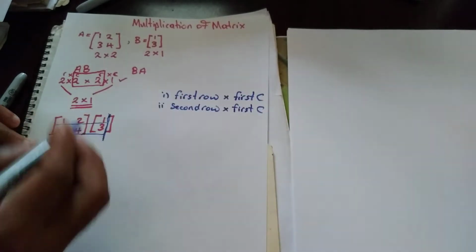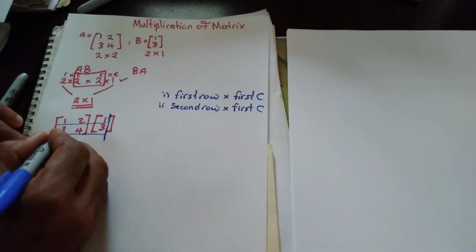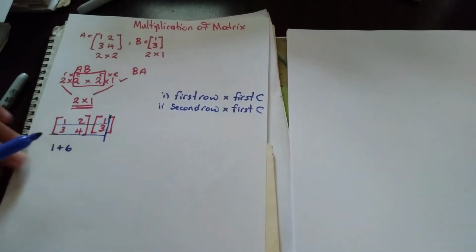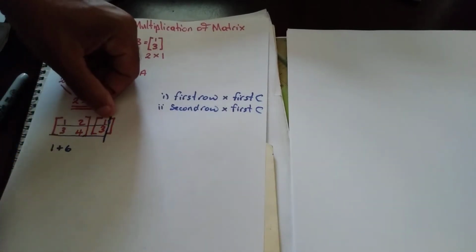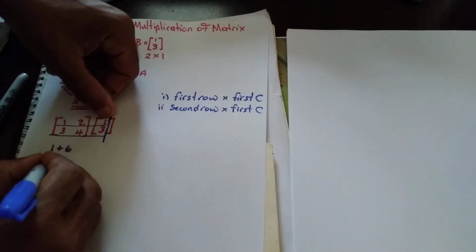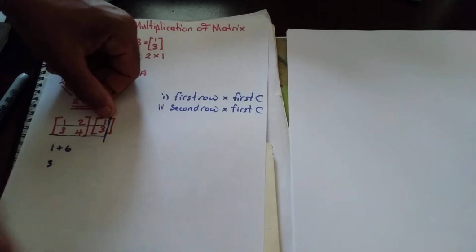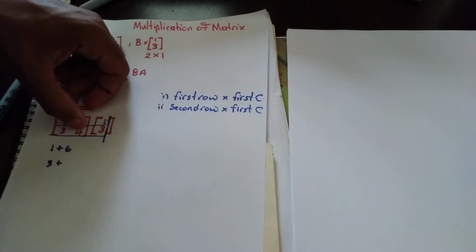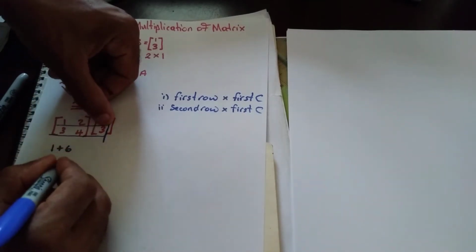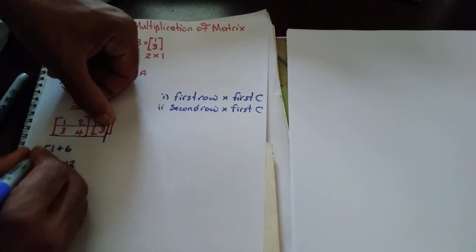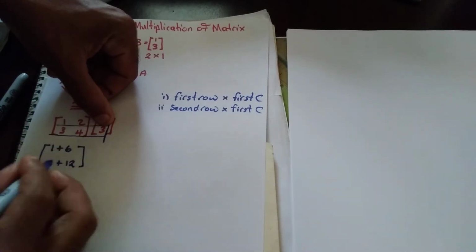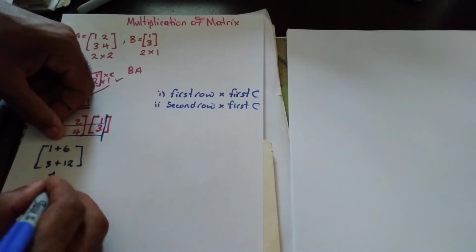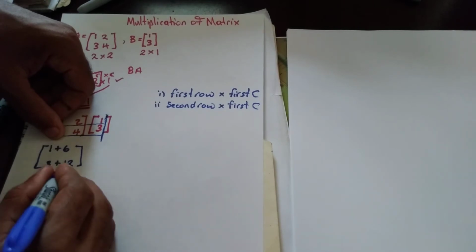I'm just going to put a C for column. So it's 3 times 1, which is 3, plus 4 times 3, which is 12. So what I'm going to get, I'm going to add these. I'm going to have 7, and I'm going to have 15. So this is the result.